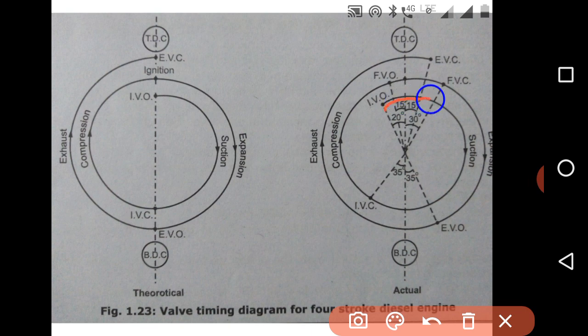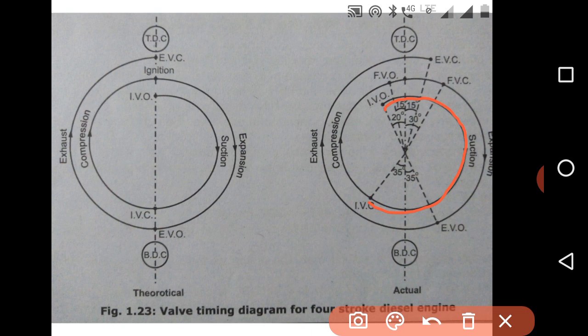If you are thinking about the inlet valve timing, the time the inlet valve remains open is fixed, and due to that the amount of charge coming inside the cylinder is also fixed. We cannot change this valve timing depending on the load.